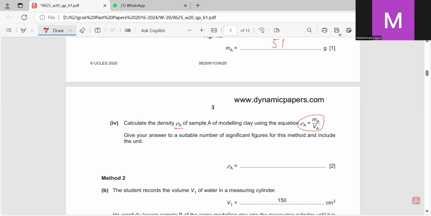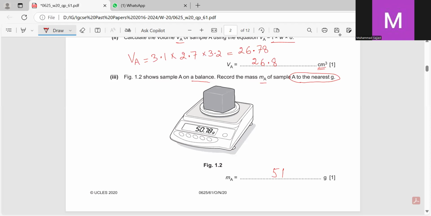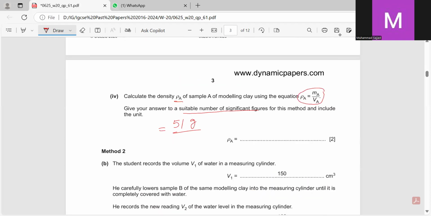So all the values are with us. Give your answer to a suitable number of significant figures for this method and include the unit. So it is 51 grams over the volume, which is 26.8 that we have calculated.